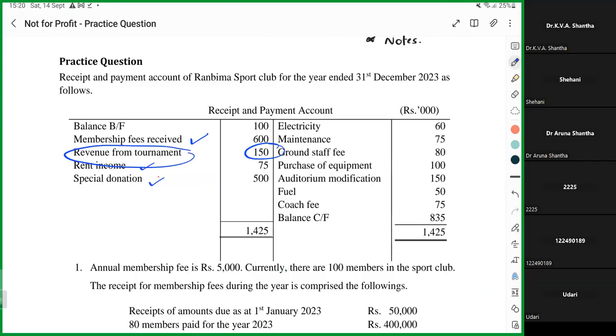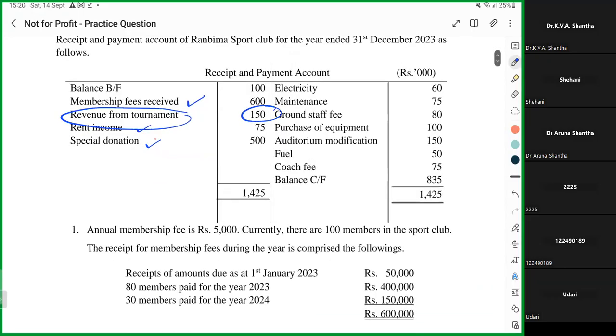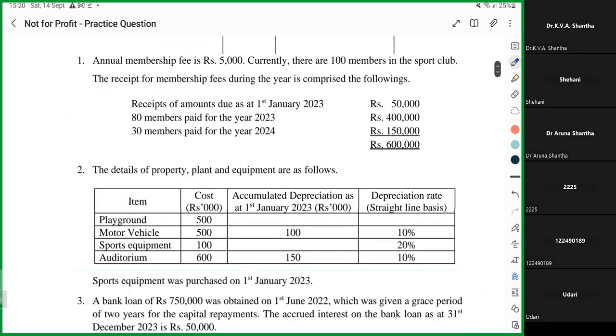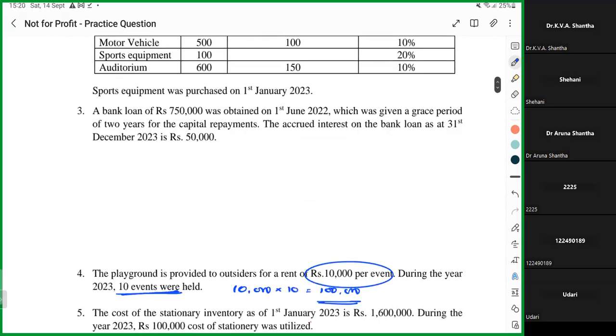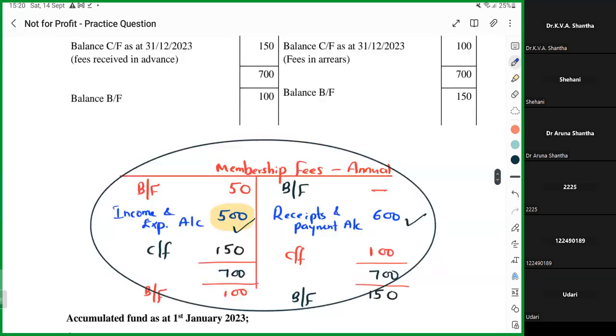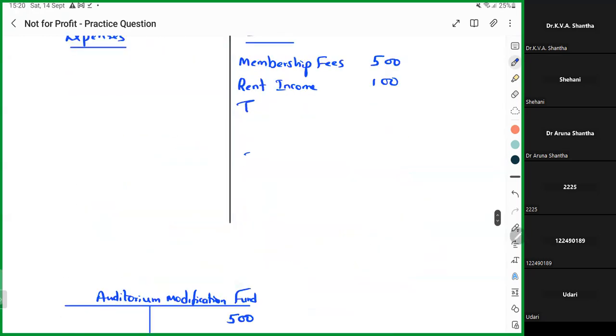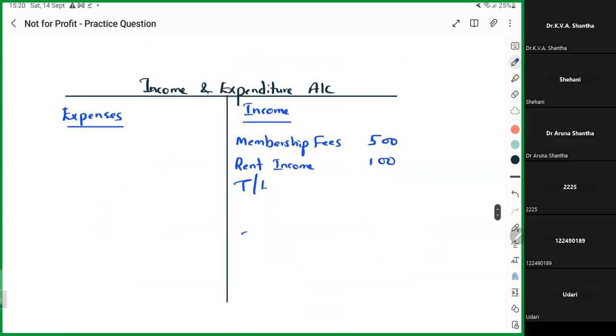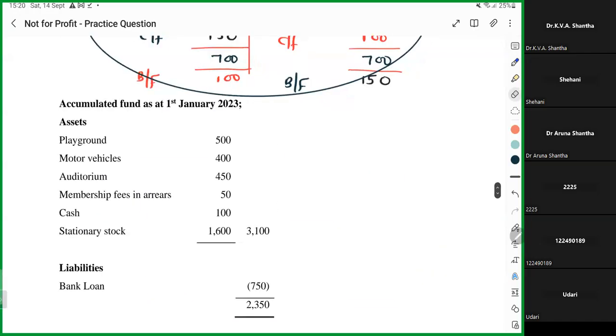So that's your income. Tournament income in your income and expenditure account, 150. So your income values are okay.